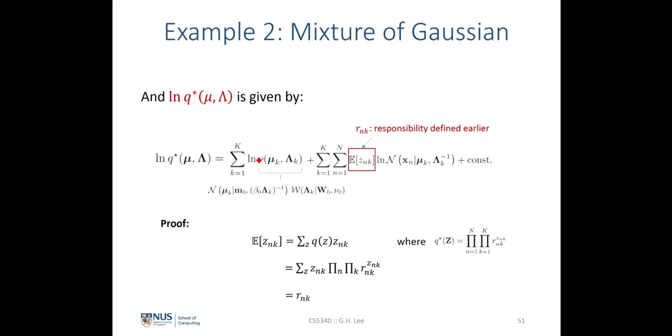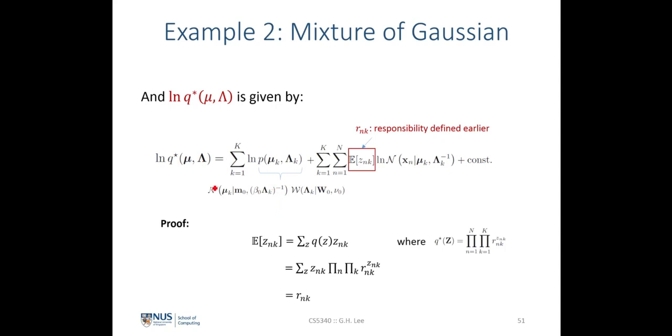And similarly for Q of mu and lambda, we can easily find this by taking out the two respective terms that are dependent on mu and lambda in the earlier expression, and this is what we will get. This is a complicated expression, but it consists of the two terms that we have seen in the previous slide. And what's interesting is that this term here is the conjugate prior, the normal-Wishart conjugate prior that we defined in the previous slide.